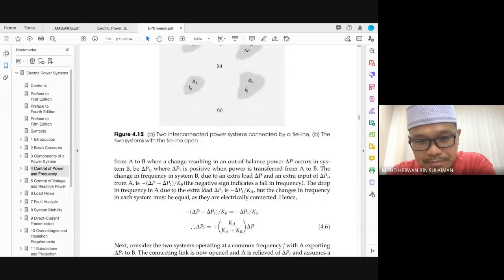So what happened is you get the negative value. Negative sign indicates the fall of frequency.